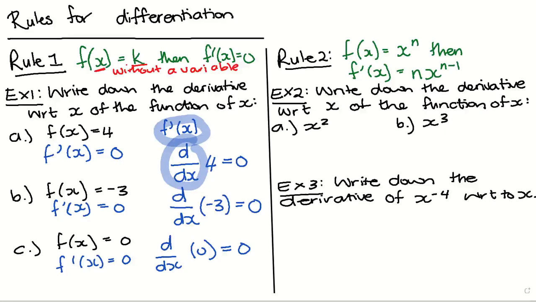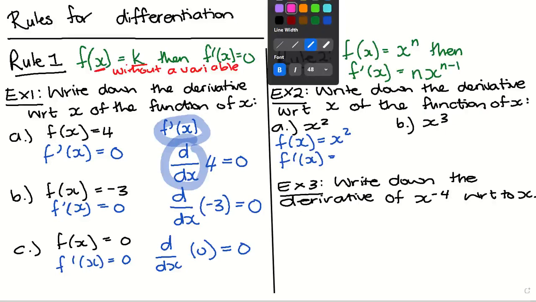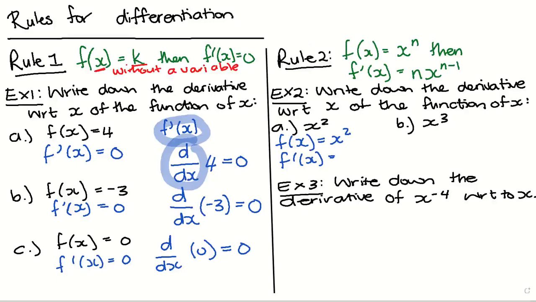It says write down the derivative with regards to x of the function of x. So if f(x) is equal to x squared, then the derivative with respect to x, that 2 ends up coming in front. We bring that down.